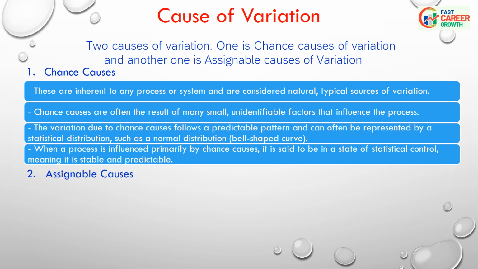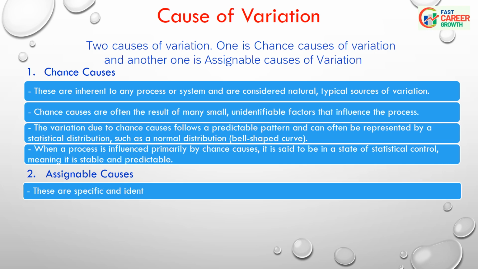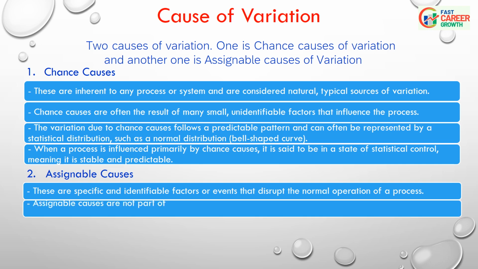Second is assignable causes, also known as special cause variation or non-random variation. These are specific and identifiable factors or events that disrupt the normal operation of a process. Assignable causes are not part of the expected variation and are typically the result of unusual or abnormal circumstances, errors, or external factors.